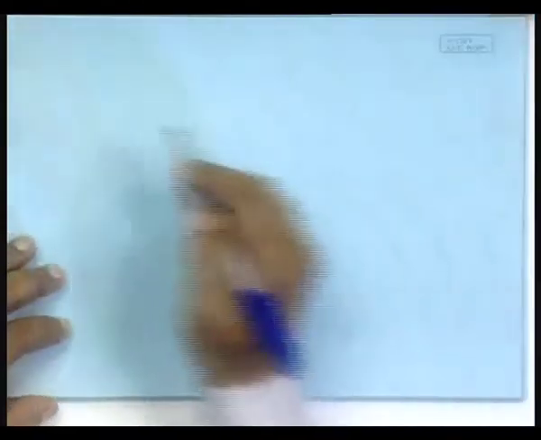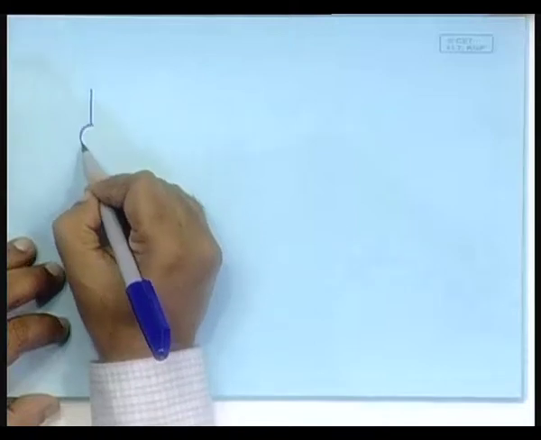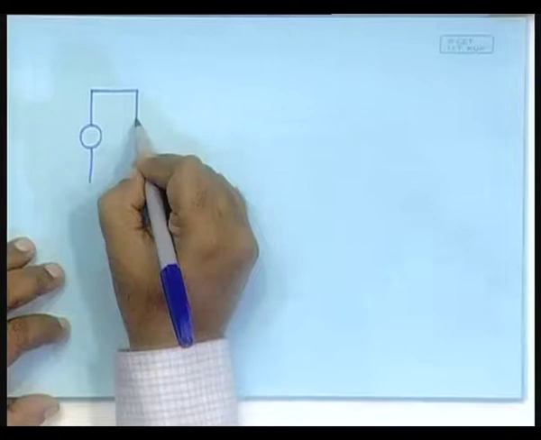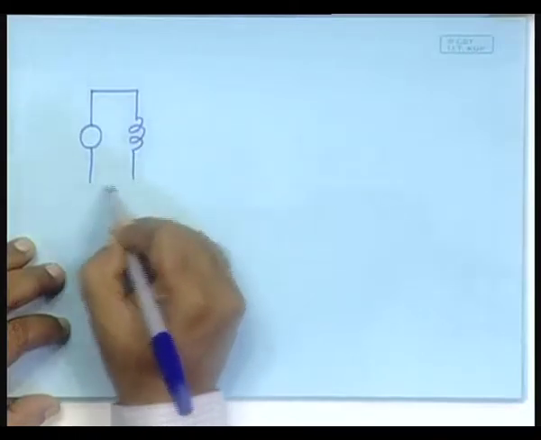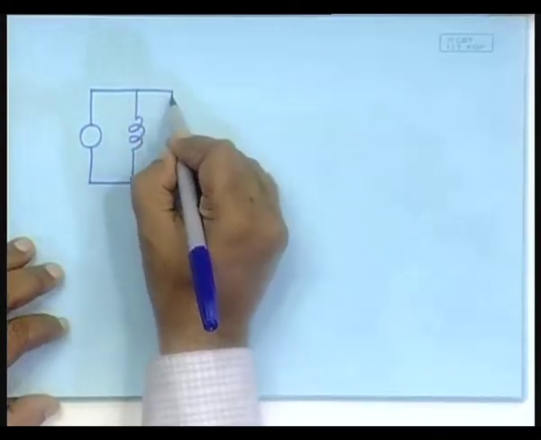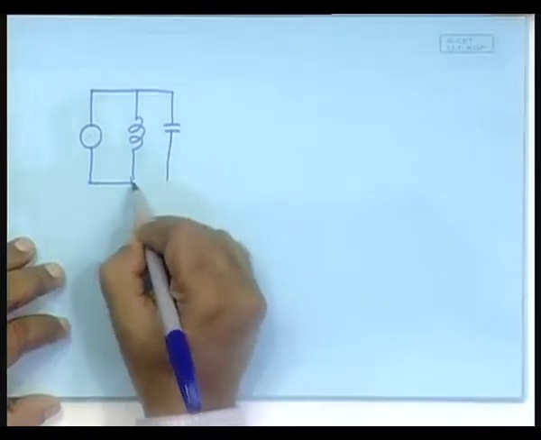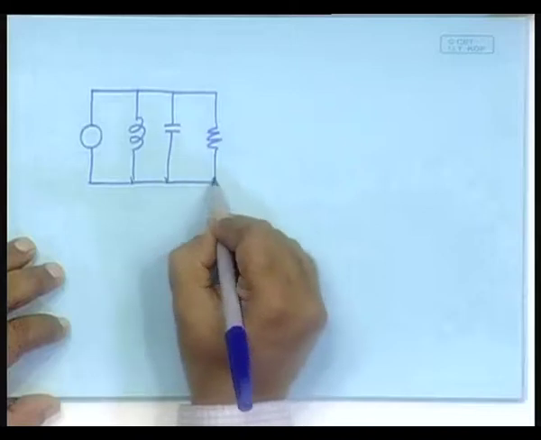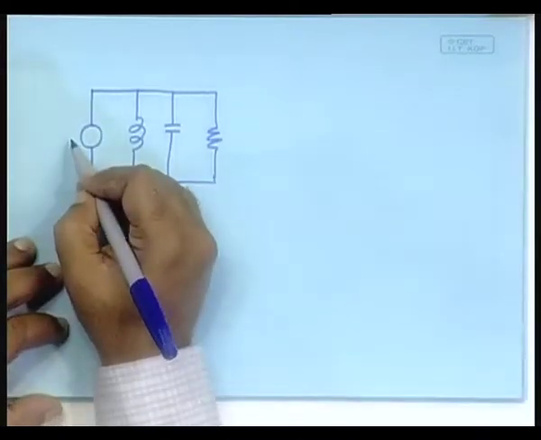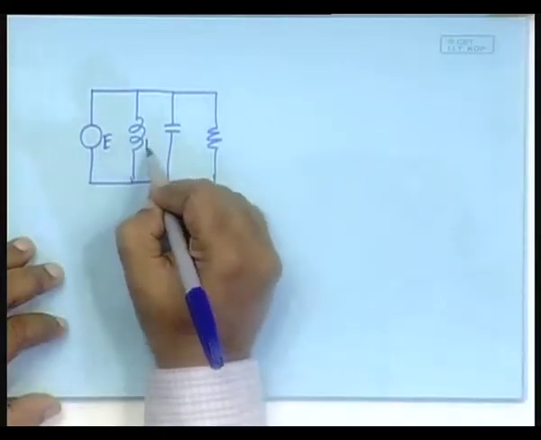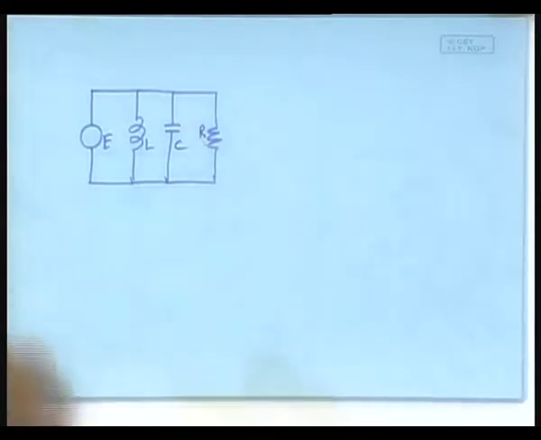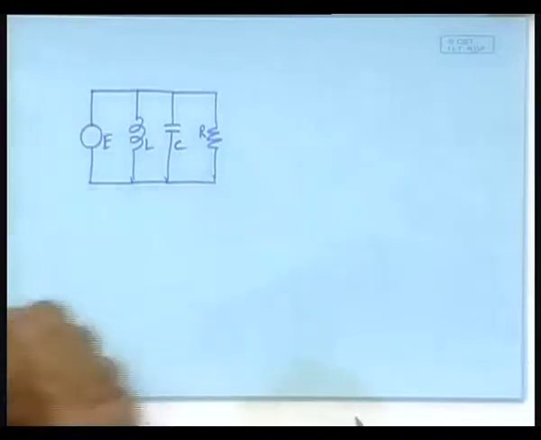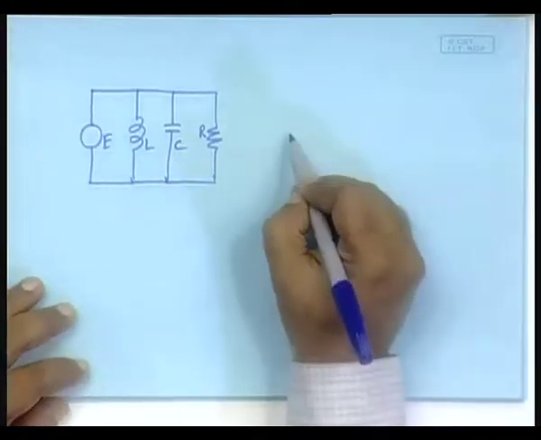Let us come to a similar circuit. So, this is the E L C R. In this case also these elements are interconnected in a specific way, and we will do it in a similar way.